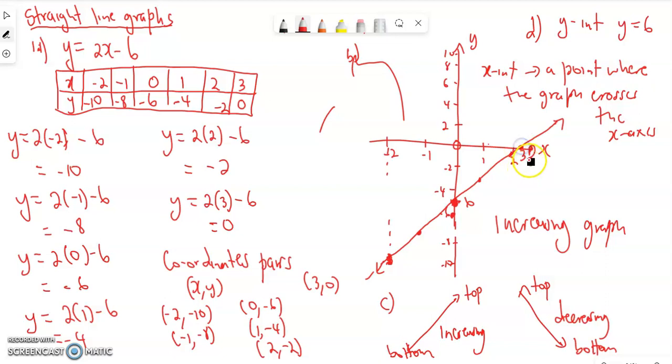So it crosses the x-axis here at x is equals to 3. Then the y-intercept is a point where the graph crosses the y-axis, and it crosses the y-axis here at -6. So we have the y-intercept at y is equals to -6, and the x-intercept at x is equals to 3.